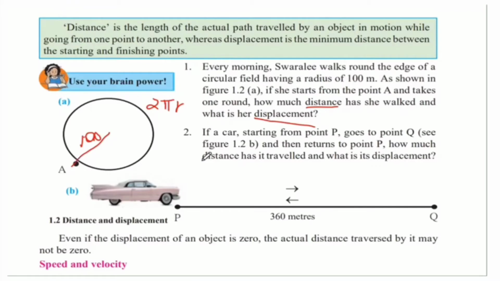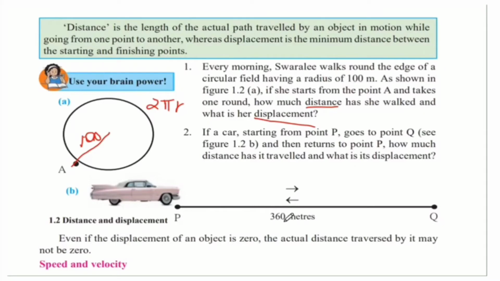Let's see the second example. If a car starting from point P goes to point Q and then returns to point P, how much distance has it travelled and what is its displacement? So the car is starting from point P, going to point Q and then coming back to point P. So the distance travelled would be 360 plus 360, or 360 into 2, because point P to point Q is 360.